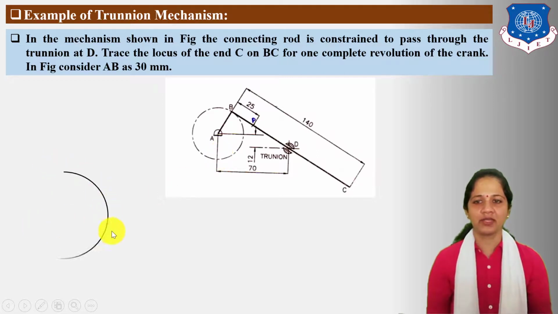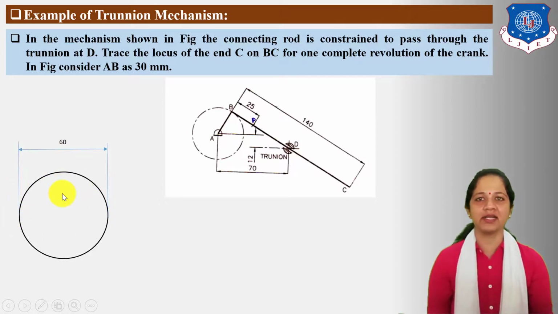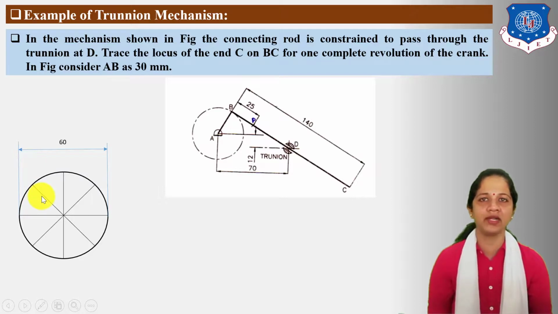First, draw circle which indicates path of B point. The radius of circle is 30 mm because the length of AB crank is given 30 mm. So, diameter of this circle is 60 mm. Next, divide this circle into equal 8 parts at 45° angle for uniform position of crank for complete one revolution.